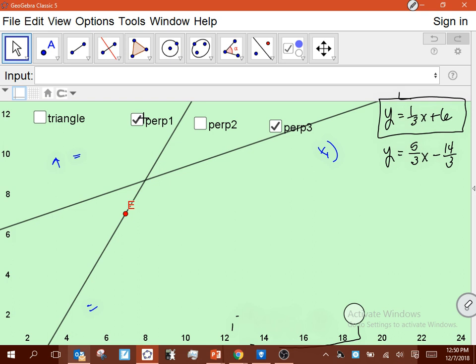Last year I gave you that picture in the coordinate plane.